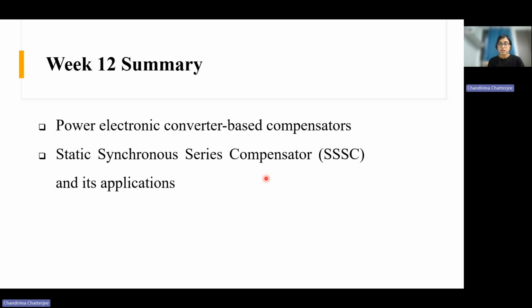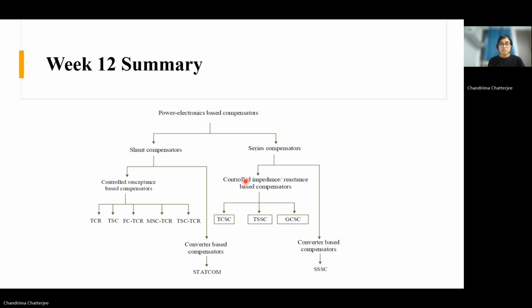STATCOM was a shunt compensator, but this is a series compensator, right? We will discuss its various applications, just like STATCOM, and also the different control modes of SSSC.